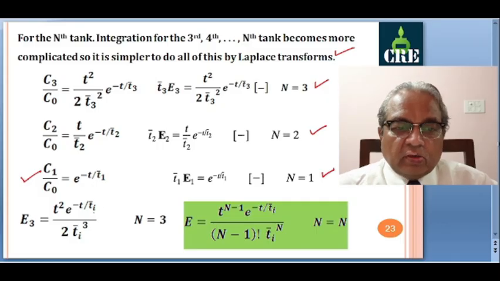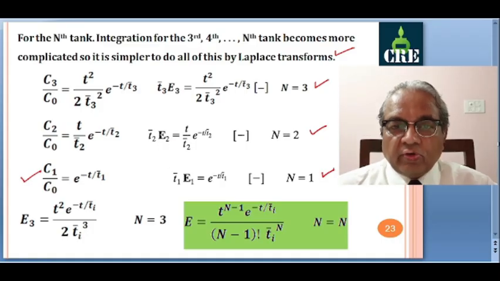Okay. Now if this n is equal to nth reactor I want to write. And this E1, E2, E3 we can write as E1 will be e raised to minus T by T1 bar divided by T1 bar. Here T1 bar in the denominator. Here it will be T2 bar square in the denominator.